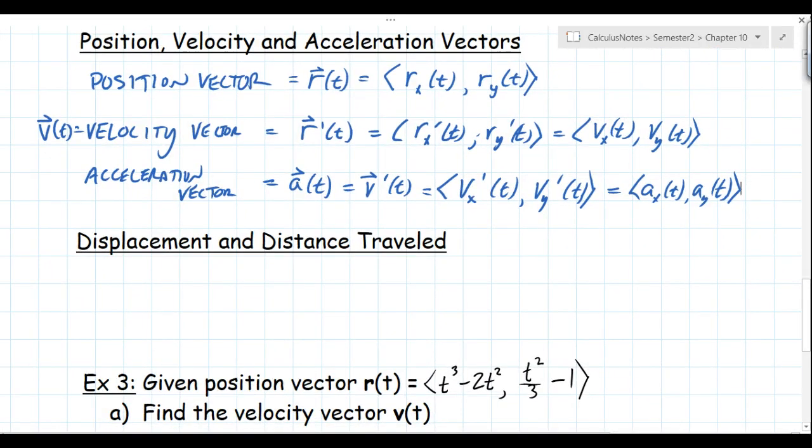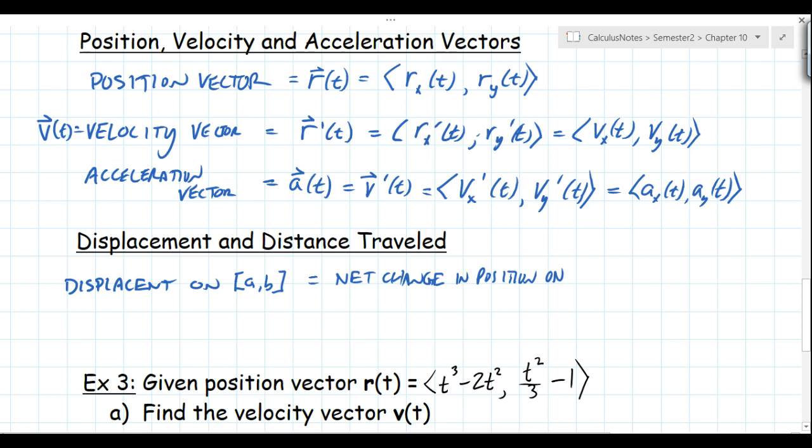We also talked about displacement and distance traveled earlier in the year. Displacement you can think of as net change. So the displacement on the interval from A to B would be the net change in position on the interval from A to B. And how did we get net change?